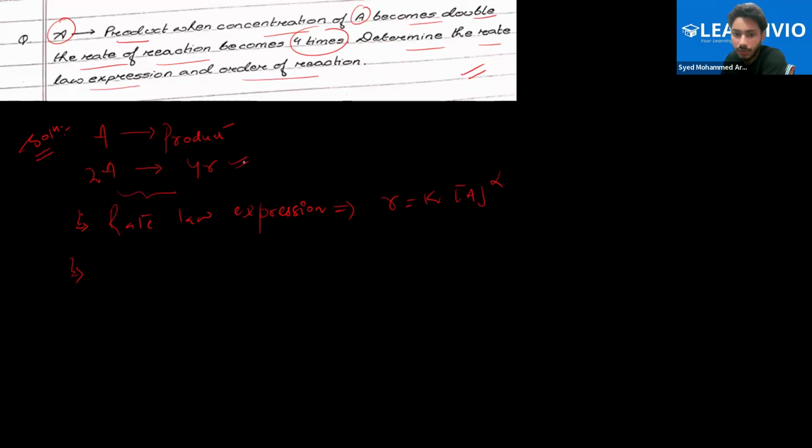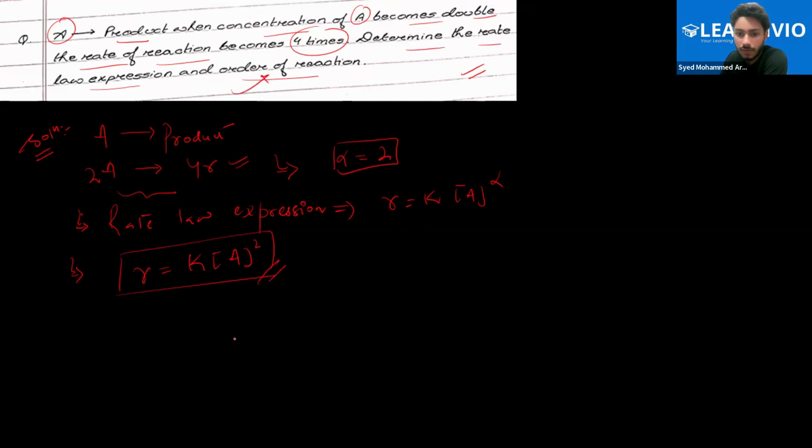It means that the value of alpha is basically 2. So that's why it is becoming 4 times. So R equals K A to the power of 2. This is my rate law expression.